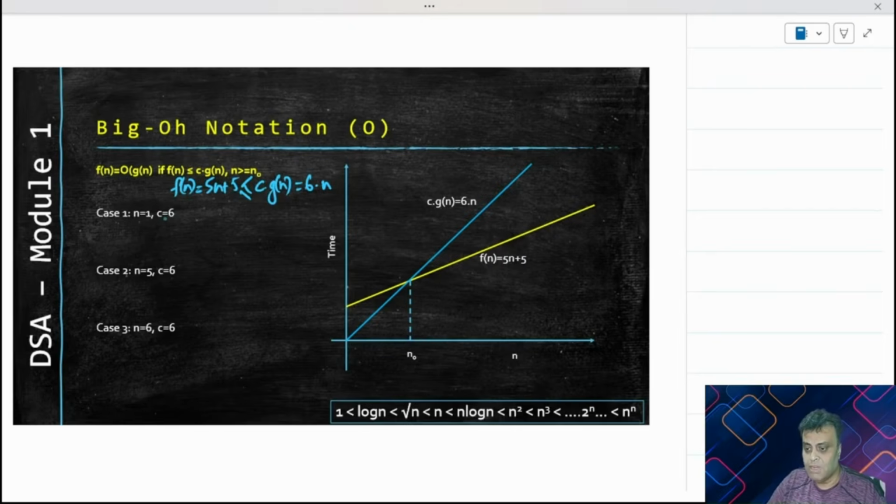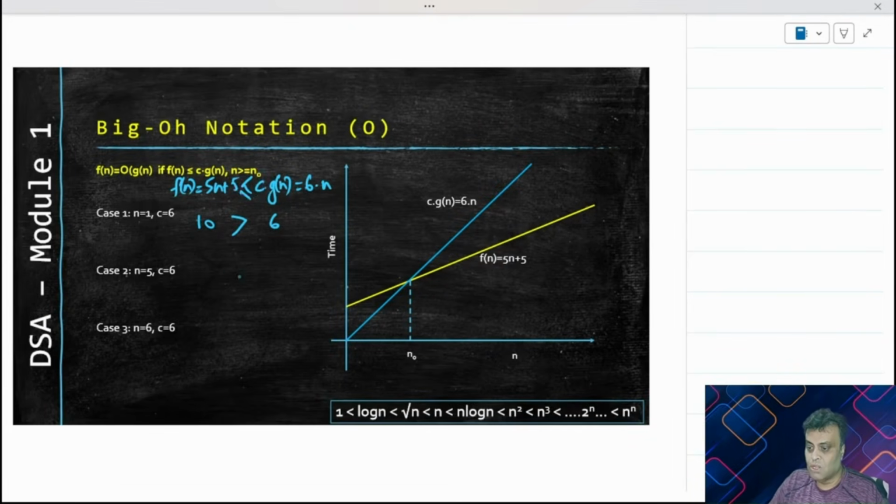So what will happen here? If I say case 1, n equal to 1, c equal to 6, then 5n plus 5 will become 5 plus 5, which is equal to 10. And on the C dot gn front, this is 6, and the other side is greater. But I have to prove some value of n where it will be less.